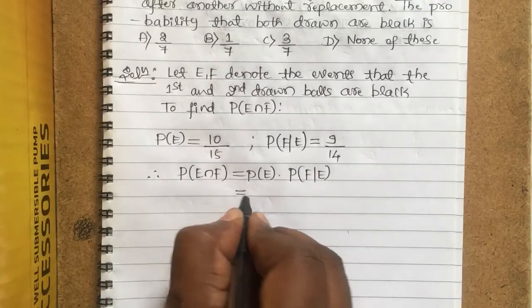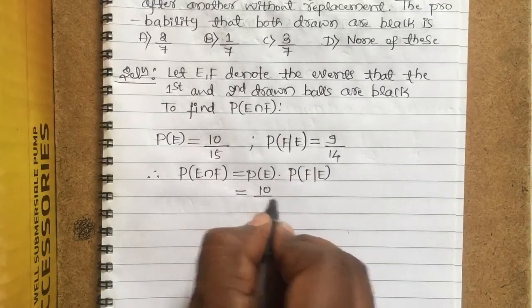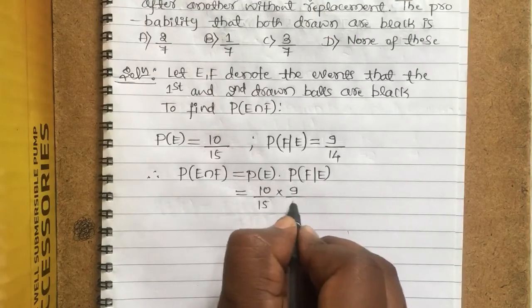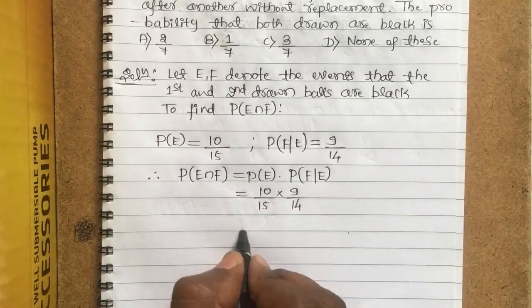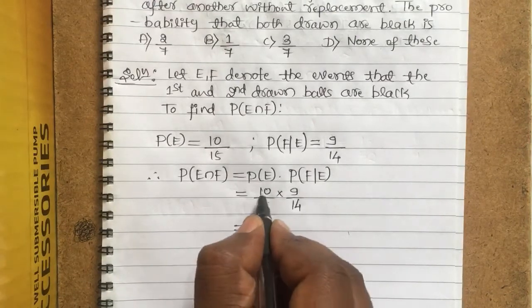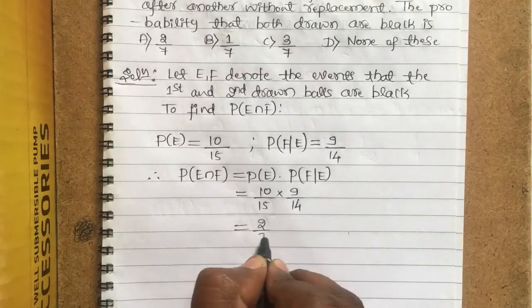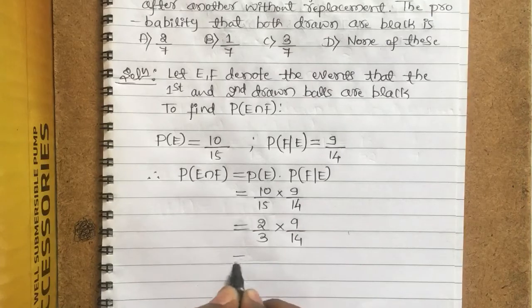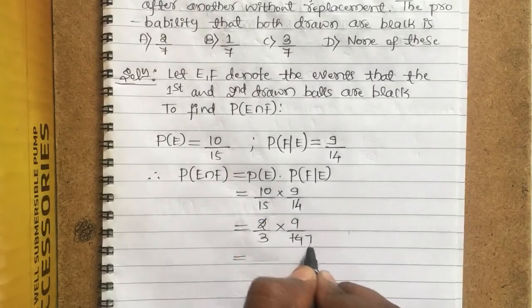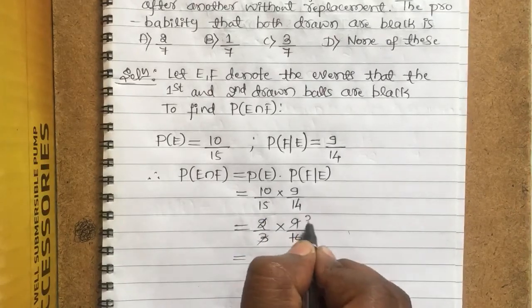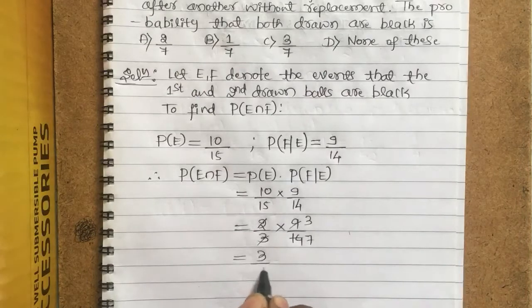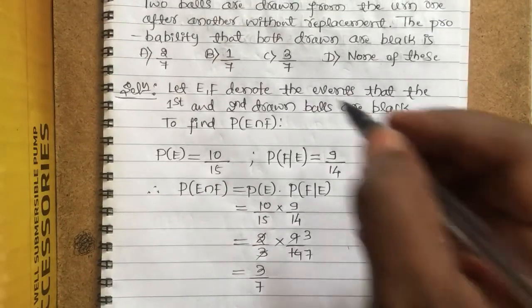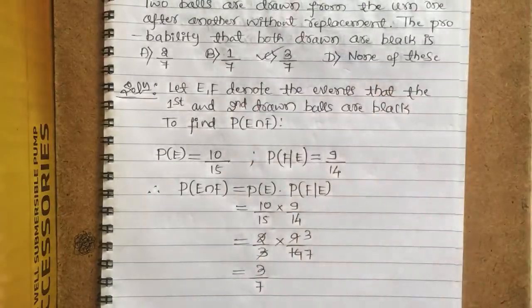So P of E is 10 by 15 into 9 by 14. Then 5 2s are 5, 3s are, into 9 by 14. So here 2 1s are 2, 7s are, 3 1s are 3, 3 3s are, we get 3 by 7. So this is the required answer. So option C is the correct answer.